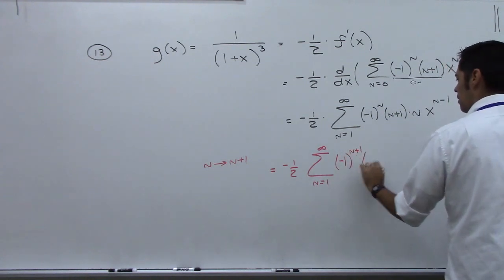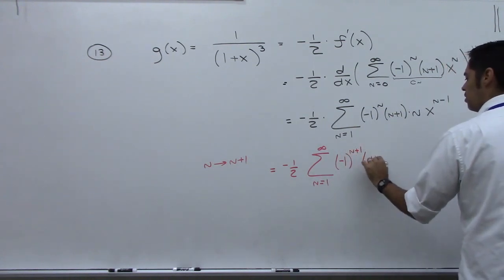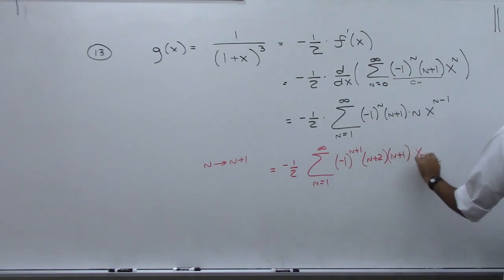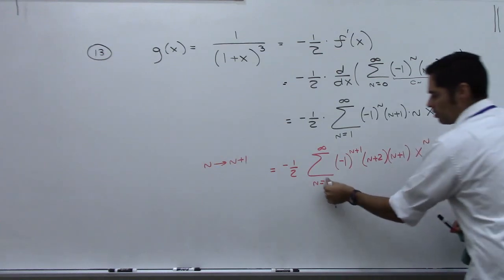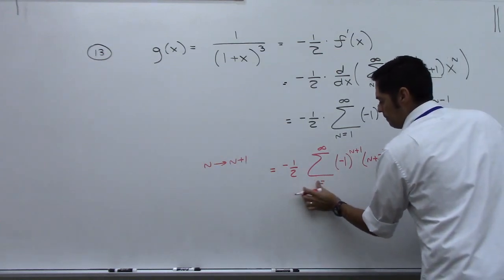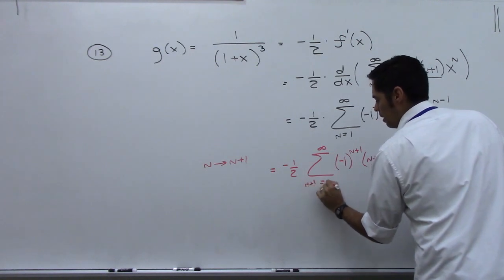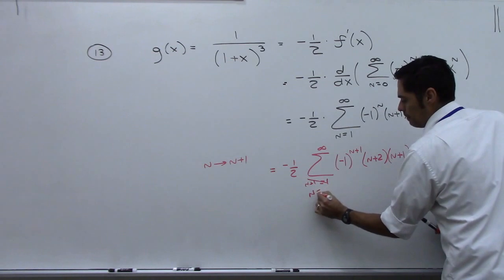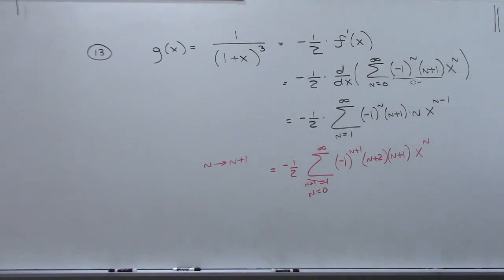And then I replace n plus 1 here, so n plus 2. I replace n plus 1 there, so n plus 1. I replace n plus 1 there, I get n plus 1 minus 1 is x to the n. Oh, sorry, I forgot to replace. This was n plus 1 equals 1. So when you do this, subtract 1 on both sides, this is n is 0. All right, looking good, looking good.